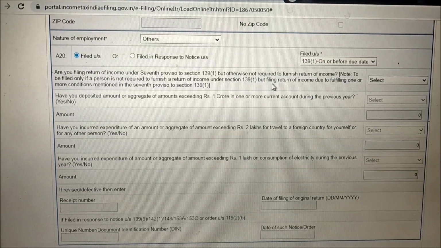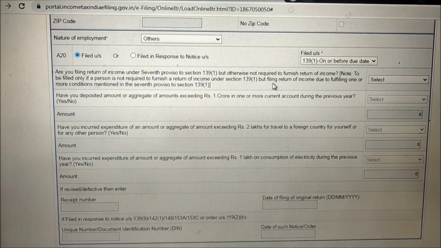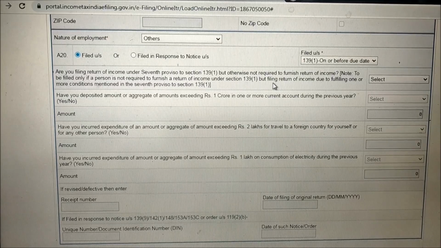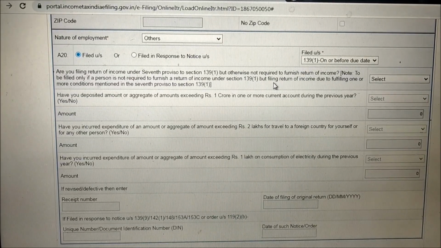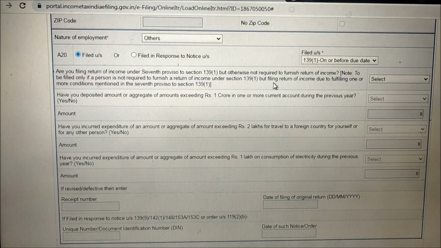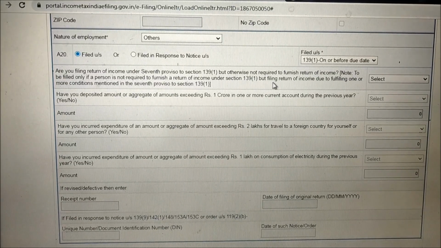The 7th proviso is: an individual who has deposited rupees 1 crore in one or more current accounts in financial year 2019-20, or who has incurred expenditure of an aggregate exceeding 2 lakh for foreign travel for himself or herself or any other person, or who has paid more than 1 lakh on electricity bill.